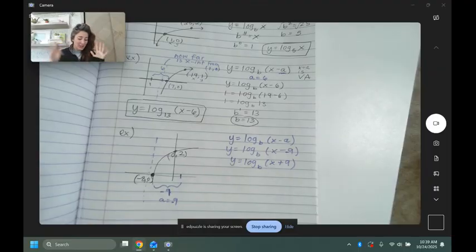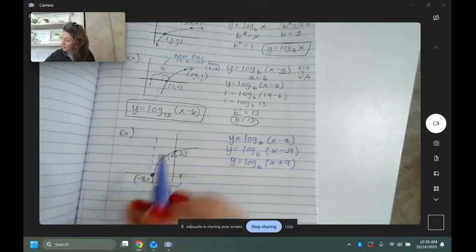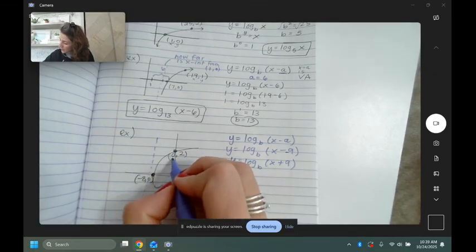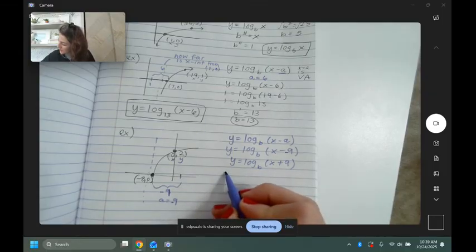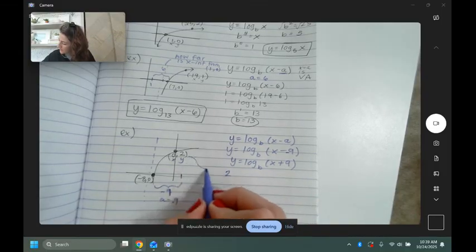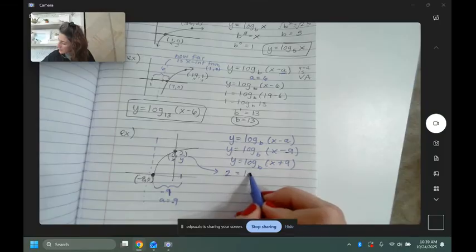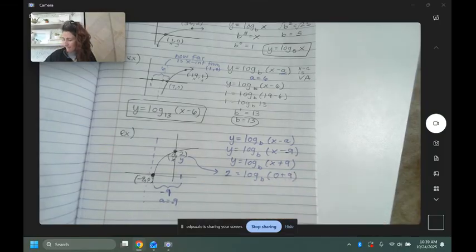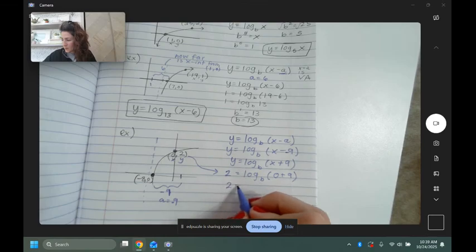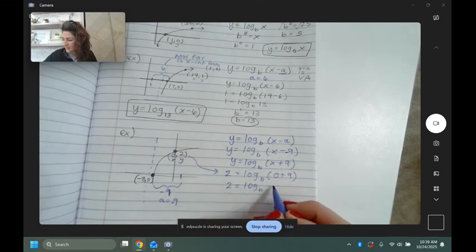Okay. So then let's plug in some points. If I plug in this point here, 0 for x and 2 for y, so 2 equals log base b of 0 plus 9. 2 equals log base b of 9.